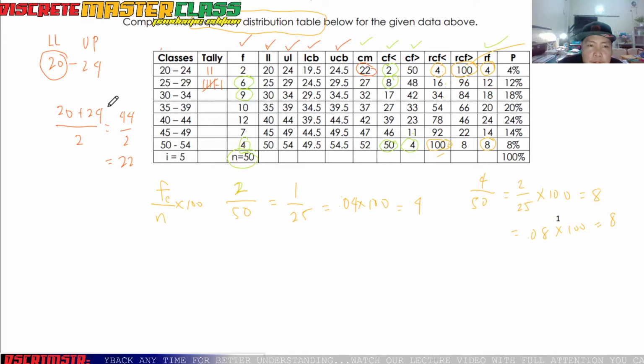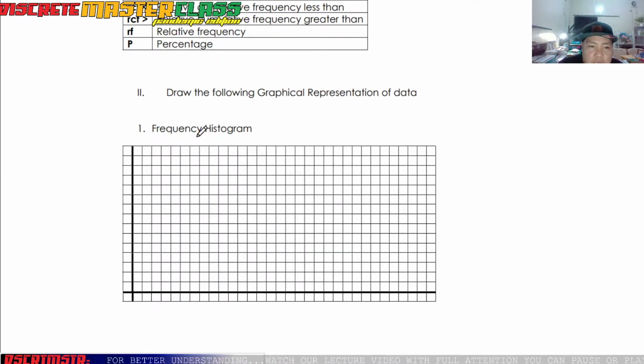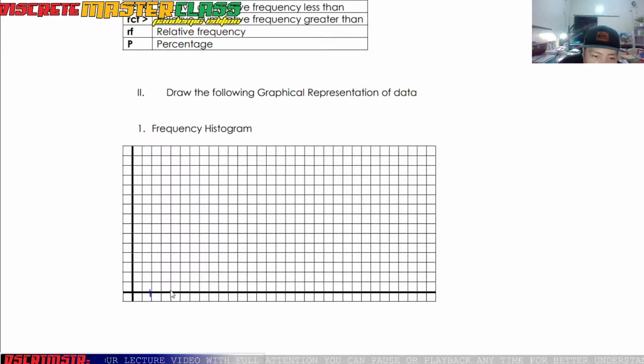Okay, now, so we have 7 class here. Sa 7 class na yan, this is what you call frequency histogram. Gawa tayo ng 7 interval sa X. One, 2, 3, 4, 5, 6.